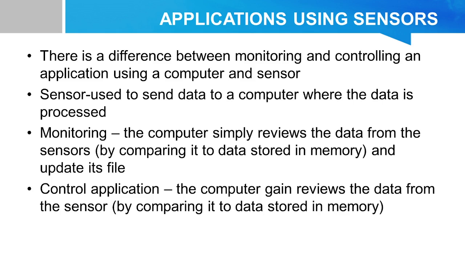If the temperature is too high, it compares with the previous temperature. Let's say the temperature is supposed to be 25 degrees, and the sensor sends a temperature of 26 degrees, then it monitors first by comparing it to the data, and then it updates its file.